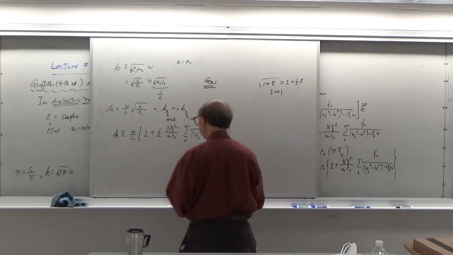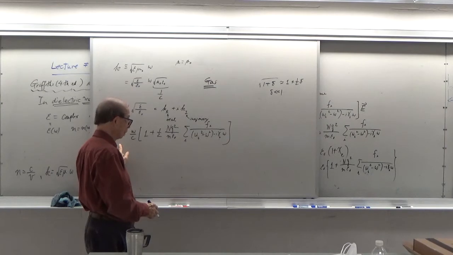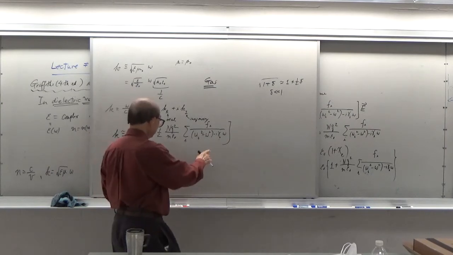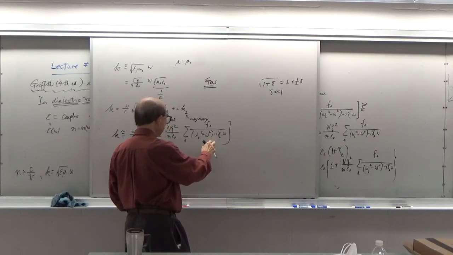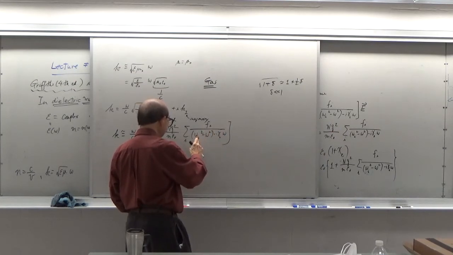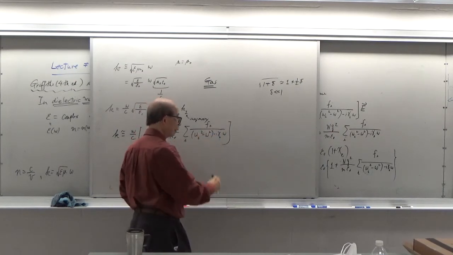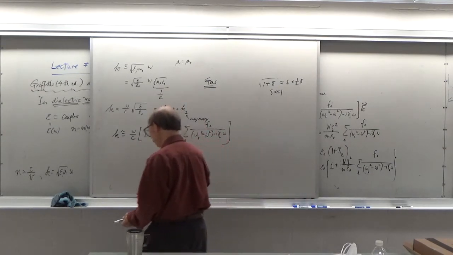All right? To identify the real and imaginary parts of this complex quantity, we have to take a look at what's inside here. This is simple. All we have to do is multiply both upstairs and downstairs by this plus i gamma omega. All right? So let's do that.